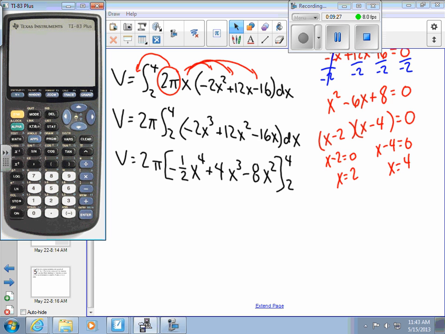So if we do -1/2 times, let's plug in 4 first. We got 4 to the 4th power plus 4 times 4 to the 3rd power minus 8 times 4 squared. That comes out to look like it equals 0.